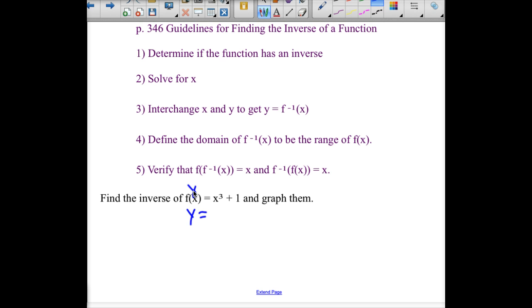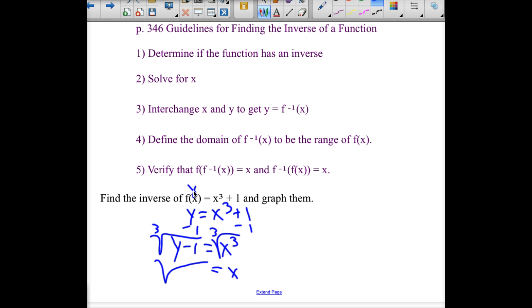So I'm going to subtract 1, and then take the cubed root. So x equals the cubed root of y minus 1, and then I'm going to interchange my x and my y. So the cubed root of x minus 1 equals y.